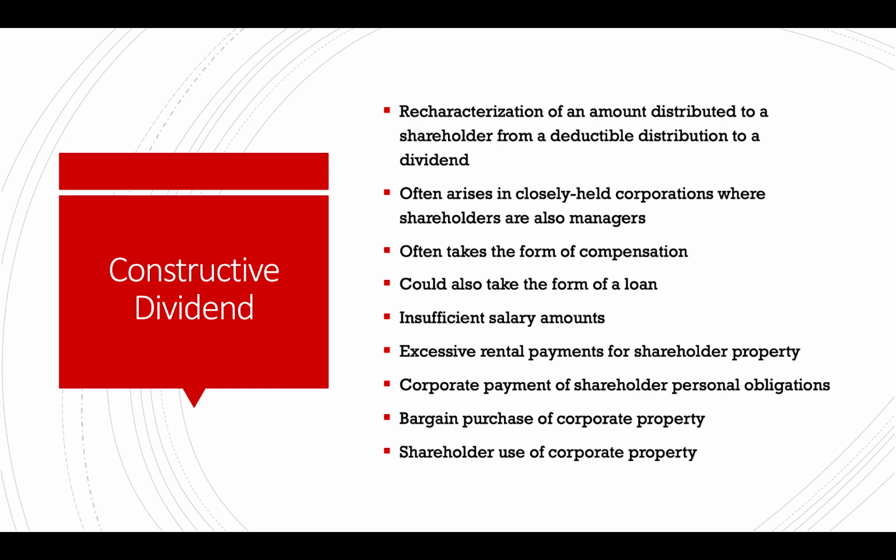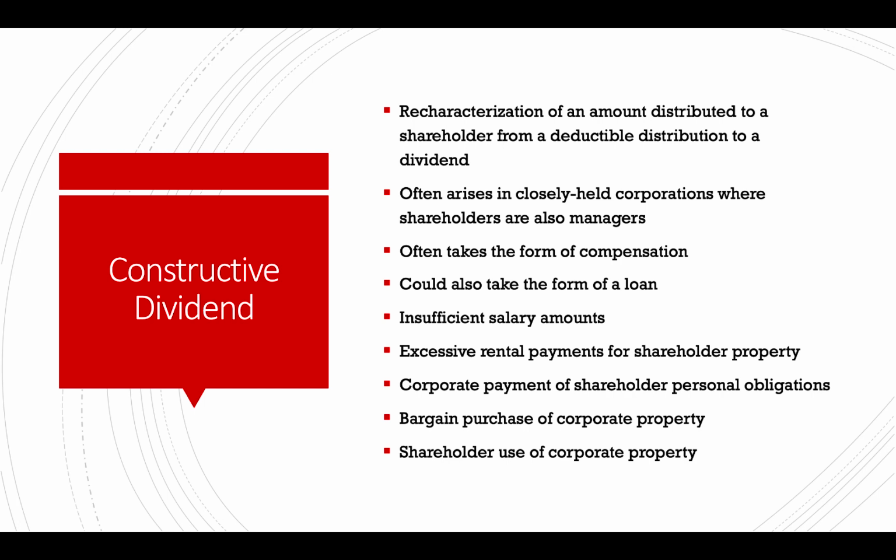If the corporation leases shareholder property from the shareholder, we might make payments greater than market to get some money out of the corporation and not treat it as a dividend. It might take the form of a corporate payment of a shareholder personal obligation. It might take the form of a bargain purchase of corporate property, or it might take the form of a shareholder using corporate property.